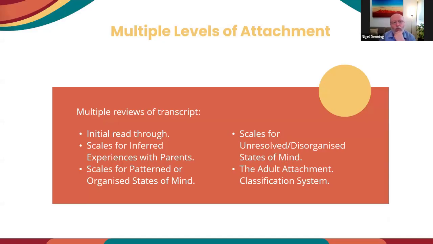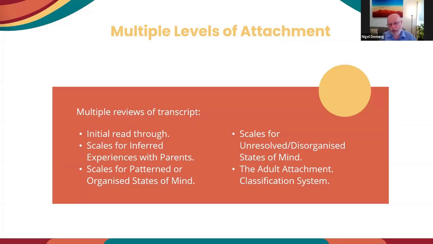So when we take a transcript and we're running the scoring system or the assessment system, we do an initial read through. And then we look at the scales for inferred experience with the parent. So we look at what's being said, how they're describing the relationship with the parent, and we can mark features throughout the transcript there. And then we do another read through for scales for patterned or organized states of mind.